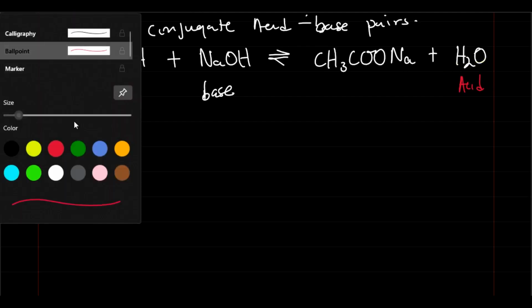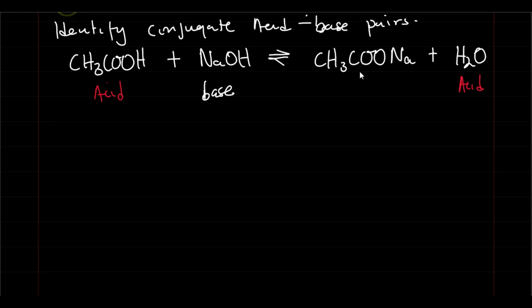And now this sodium ethanoate will be our what? Our base. But how will it be our base? It will be our base when it has lost the Na, when it is separated from the ethanoate.